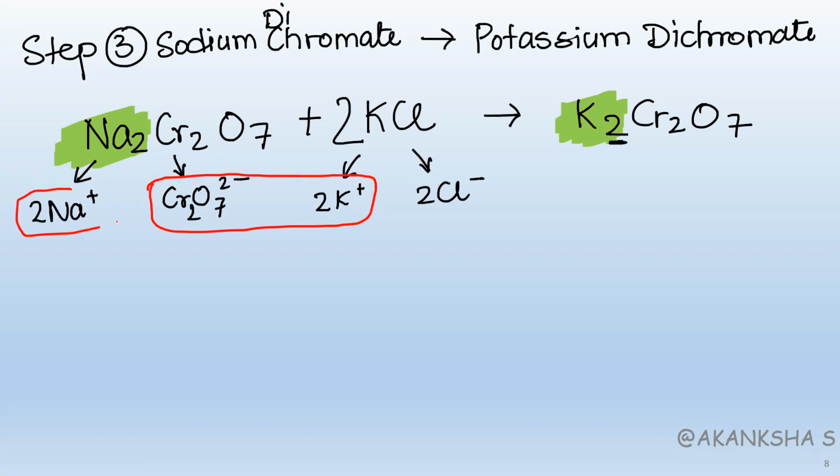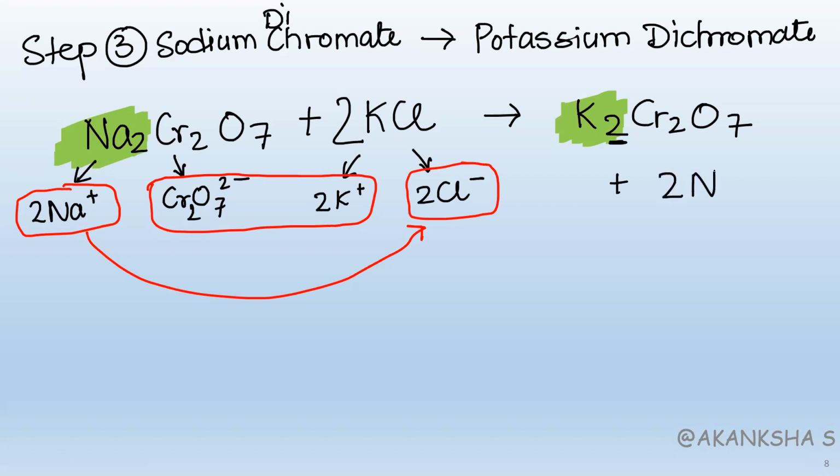The two sodiums left behind do not go to waste. Rather, they combine with two chloride ions. And voila, we get our other byproduct, that is table salt, 2NaCl, sodium chloride. And with this, we end with the preparation of potassium dichromate.